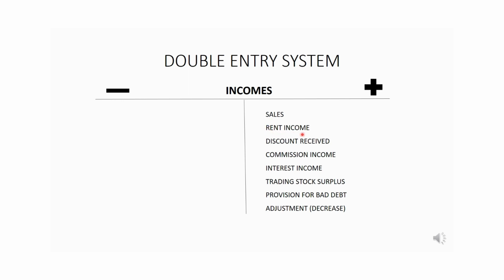Rent income. Okay, here under sales, sorry about that. With your sales, let's assume that we sold goods on credit. Two accounts will be affected: debtors control and sales. Debtors control is an asset account.